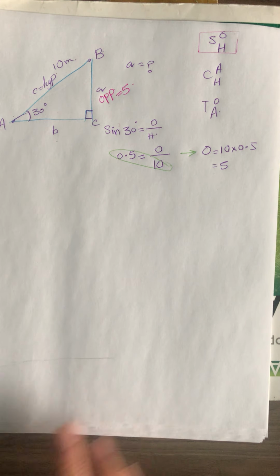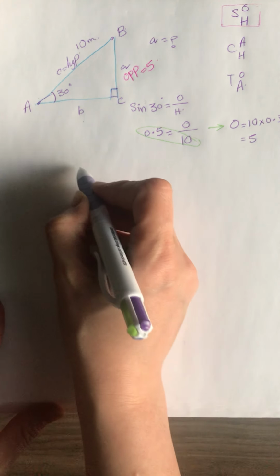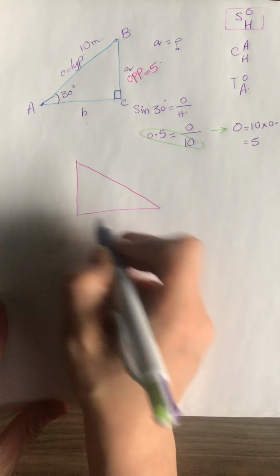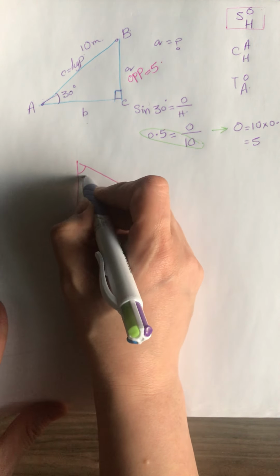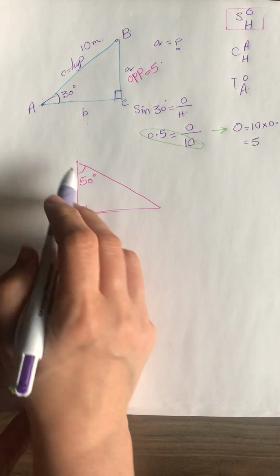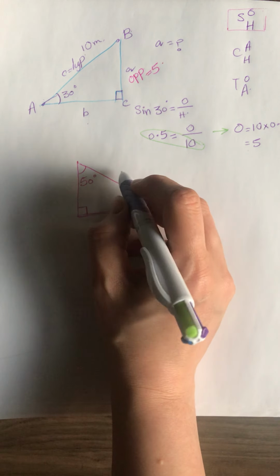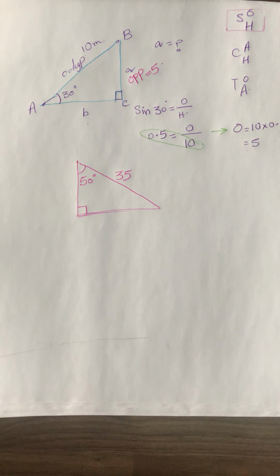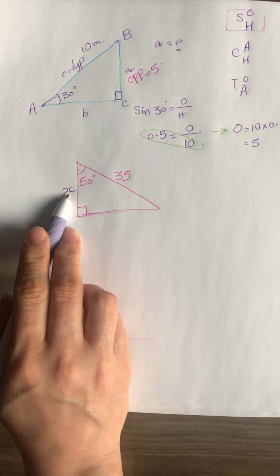Let's do another example. I'm going to draw another triangle for you. And this time I'm going to have this angle, let's say that's 50 degrees. That's my 90. I know that this side, the hypotenuse, is actually 35, whatever the unit is, and I'm trying to find this side, x, that is missing.